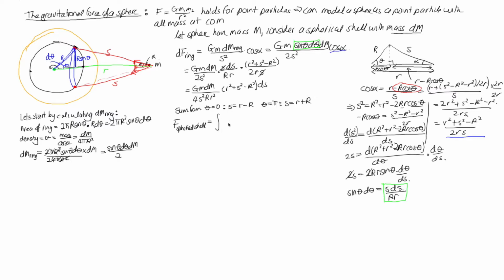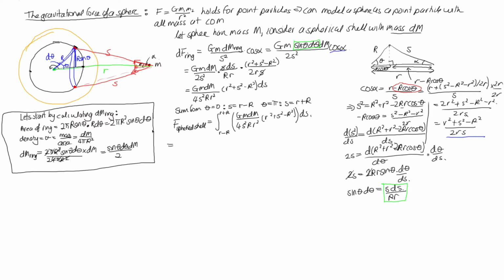And we're integrating from R minus r to R plus r of GM dm over 4s squared R squared times (R squared plus s squared minus r squared) ds. Let's pull all the constants out the front. Let's just put that in a little box because we've dealt with that bit.